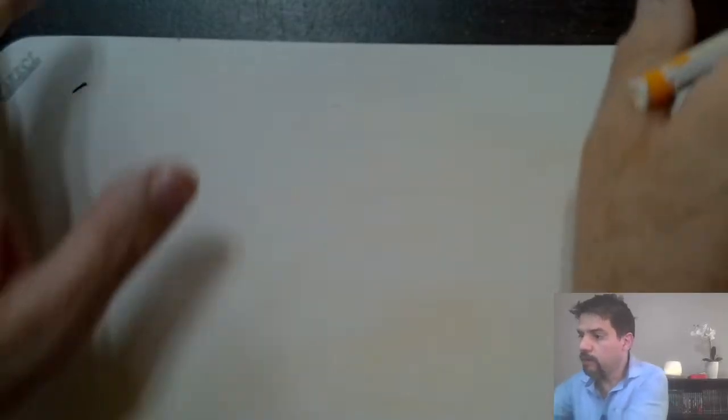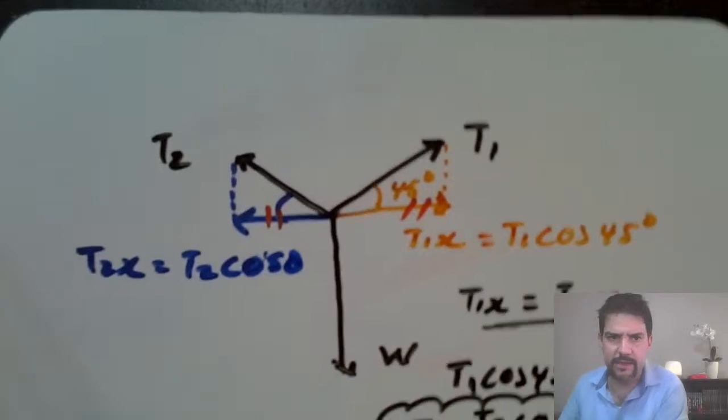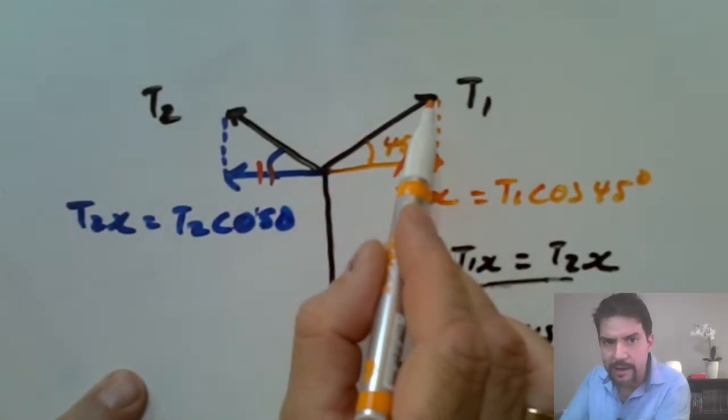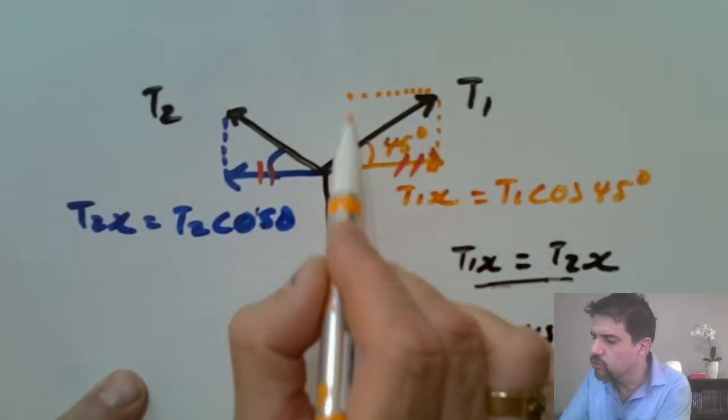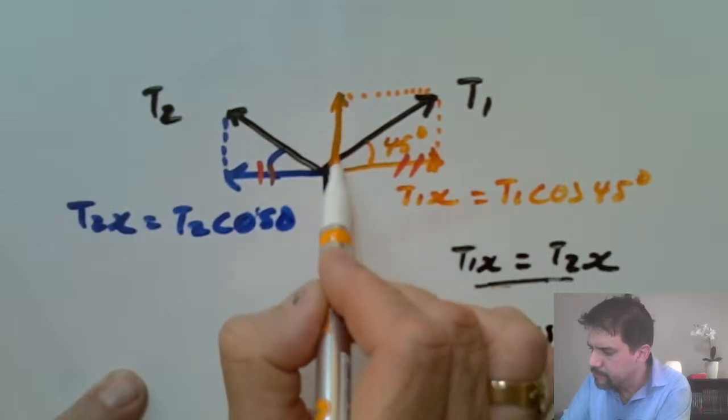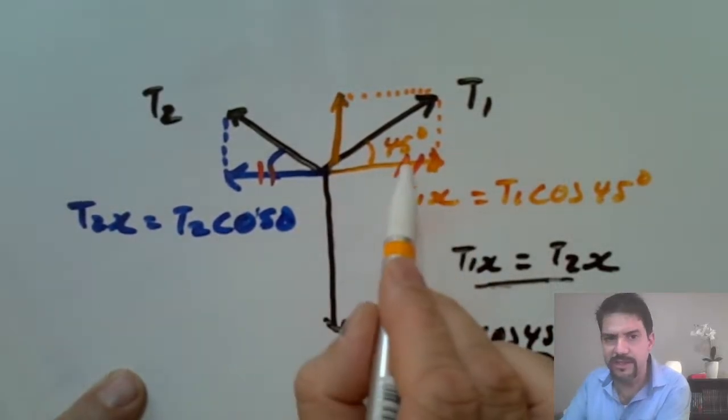All right. Now, what do we have in the y-axis? Let's break here into components, and then we move there. T1 is going to be broken into T1 in y, which is this one here, and that one is the opposite side.